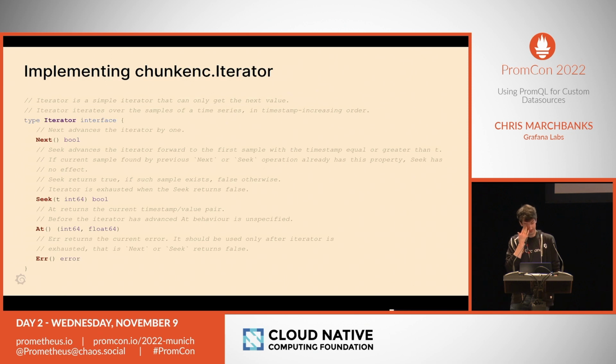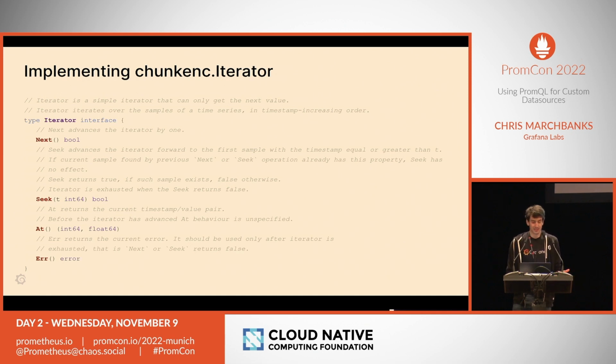We'll take a look at this in more detail, but some things to notice: we have both next and seek, where you're only ever having to look forward in time, which is nice. And then the at function is just returning a sample timestamp and a sample value.